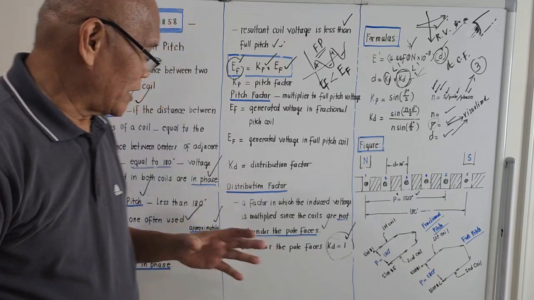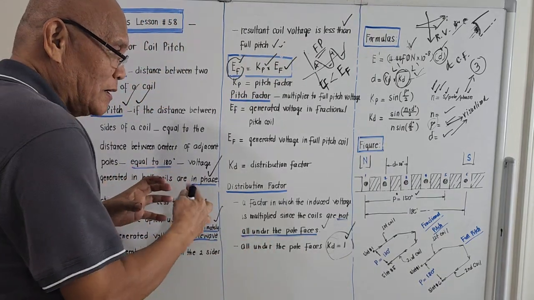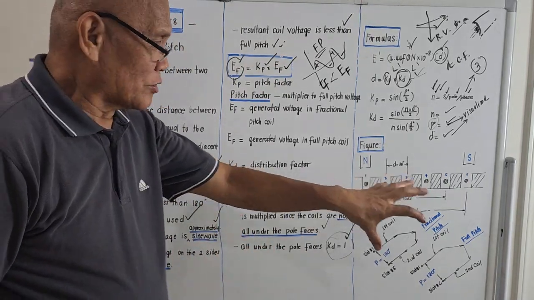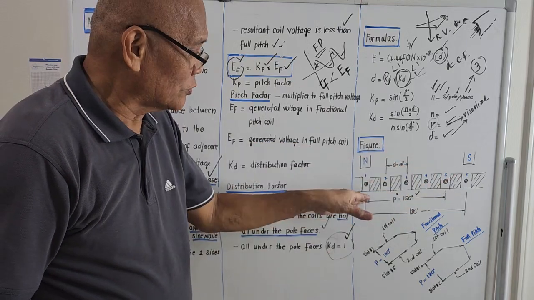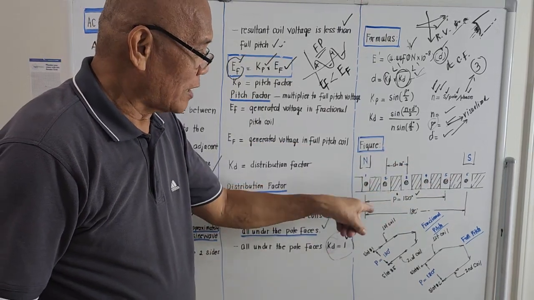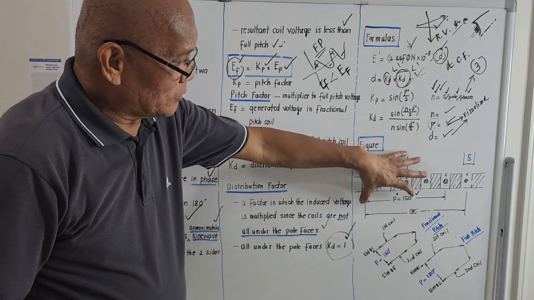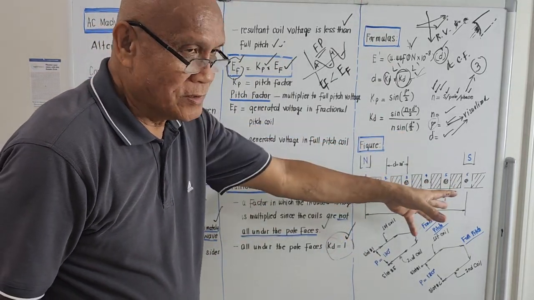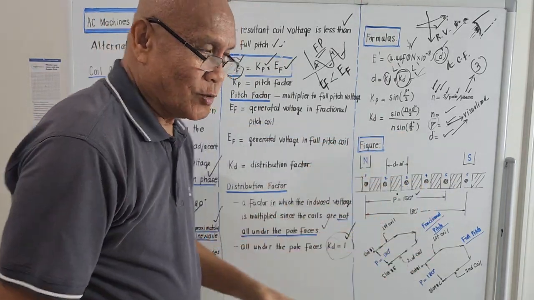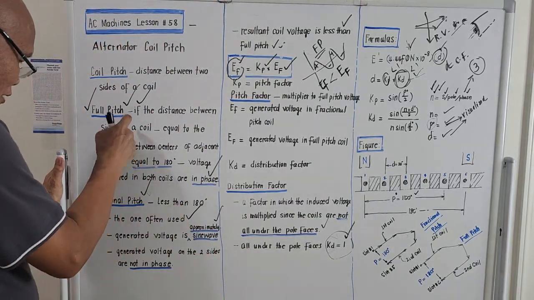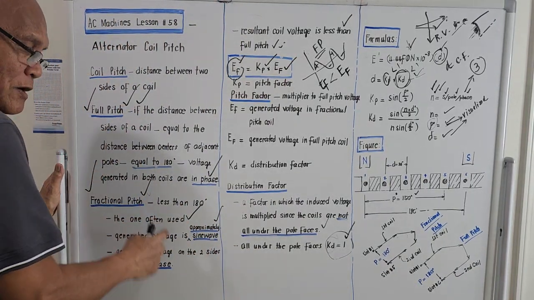That's why before I discussed this concept here, I spread out the cross-section of the alternator, showing the slots, the conductors, the number of electrical degrees between the windings, so we could understand what is being placed in the annotations under full pitch and fractional pitch.